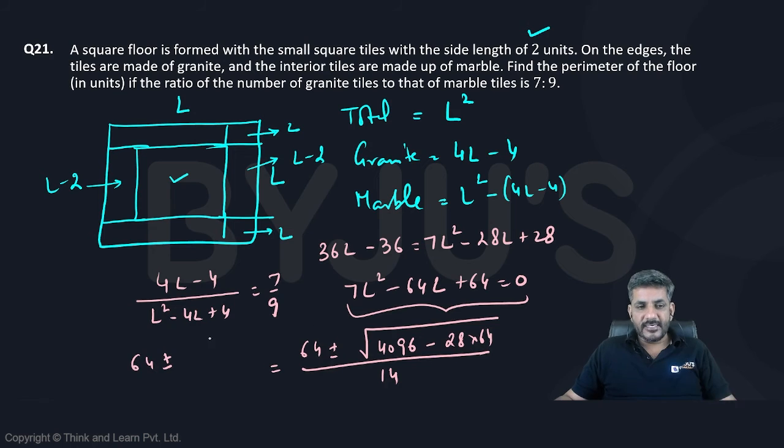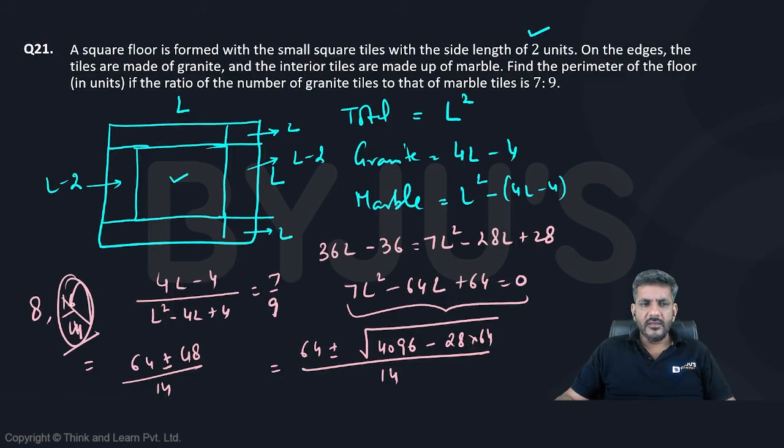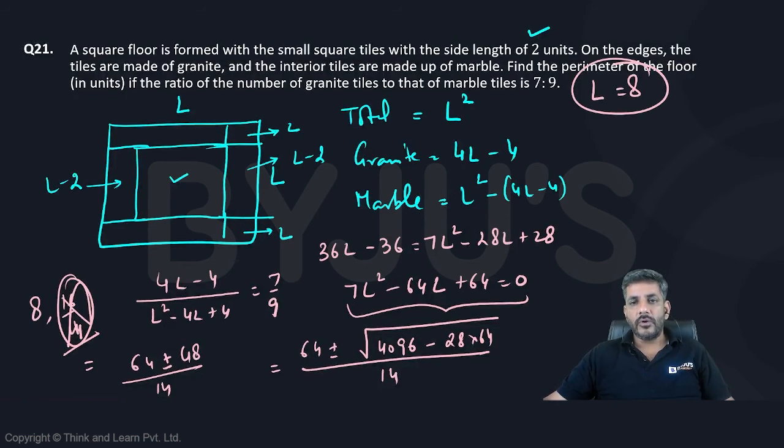It is 36 into 64, that is equal to 48 divided by 14. So I will have two values from here, 64 plus 48, that is 112 by 14, that is 8, or 64 minus 48, that is equal to 16 by 14, which would not be an integer. 16 by 14 is not a possibility. I would remove that. So I would say from here L is equal to 8.